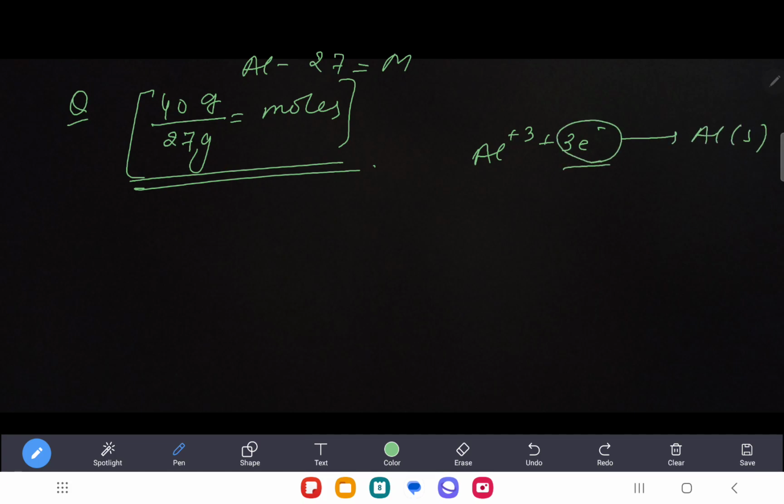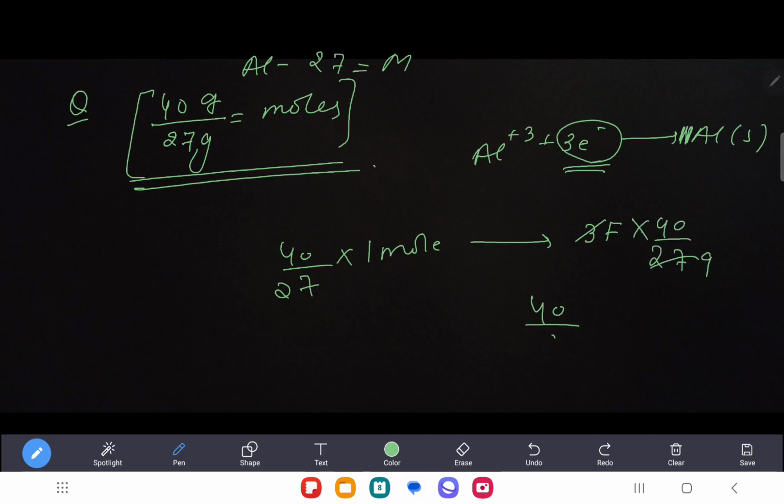So to deposit 1 mole, it requires 3 Faraday charge. So let's multiply by 40 over 27, because it is per 1 mole. So you will get 40 over 9 Faraday.